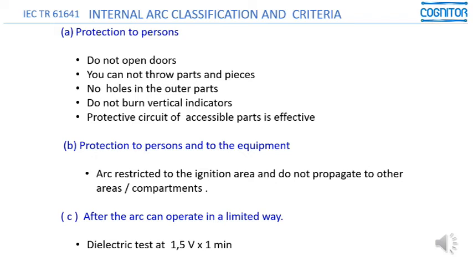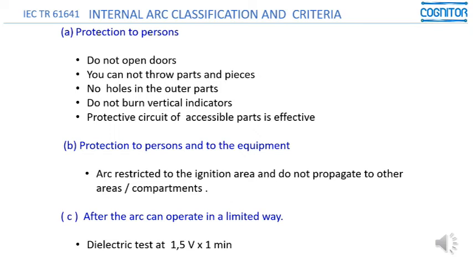Then to pass in this kind of classification, you need to do a test, and in this test, the criteria for approval is that the doors should not open, you cannot throw parts and pieces outside the switchgear, you may have no holes in the outer parts of the switchgear, through which we could have the exit of hot gases.